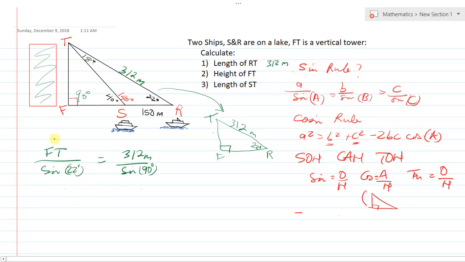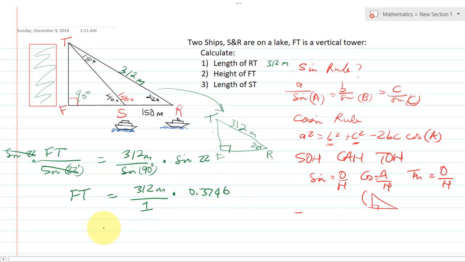So let us say we want FT to be the subject of the formula. So we'd multiply by sine 22. This will cancel on this side. And we will find that FT is equal to 312 meters over sine 90, which is actually 1, multiplied by sine 22. Let us see what sine 22 is. It'll be 0.3746.